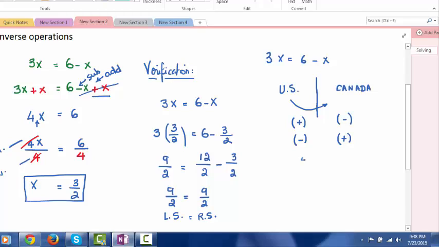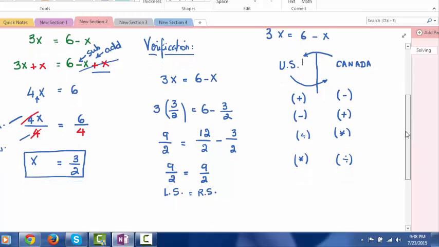If you are a division, you need to switch to multiplication to be able to go to Canada. And if you are a multiplication, you need to switch to division. And the same thing from Canada to US. If you want to change, you have to switch your sign. You will see if I do it this way, it's exactly like the inverse.